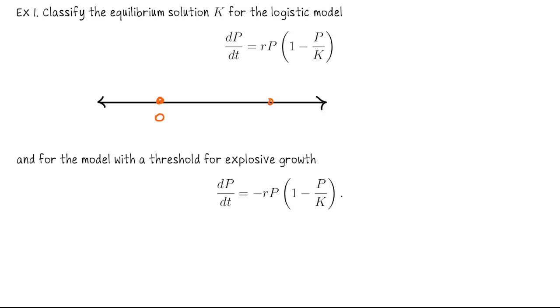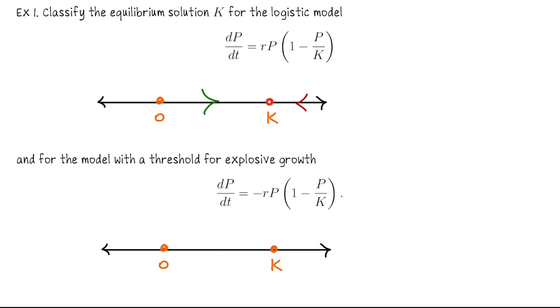So if I do 0 and K, the two equilibrium solutions for both of these, then we know that a population between 0 and K for the logistic model would grow to K, but above the carrying capacity would decrease down towards K. So K is an equilibrium solution. Imagine K is 200.